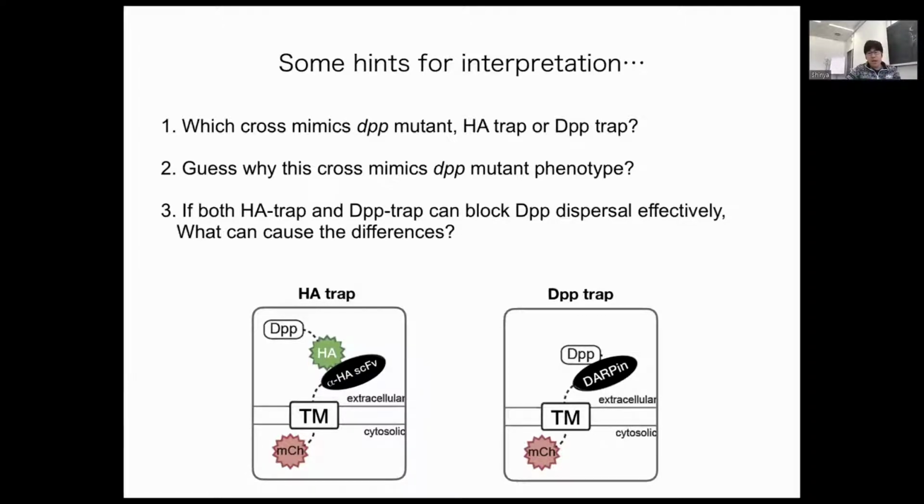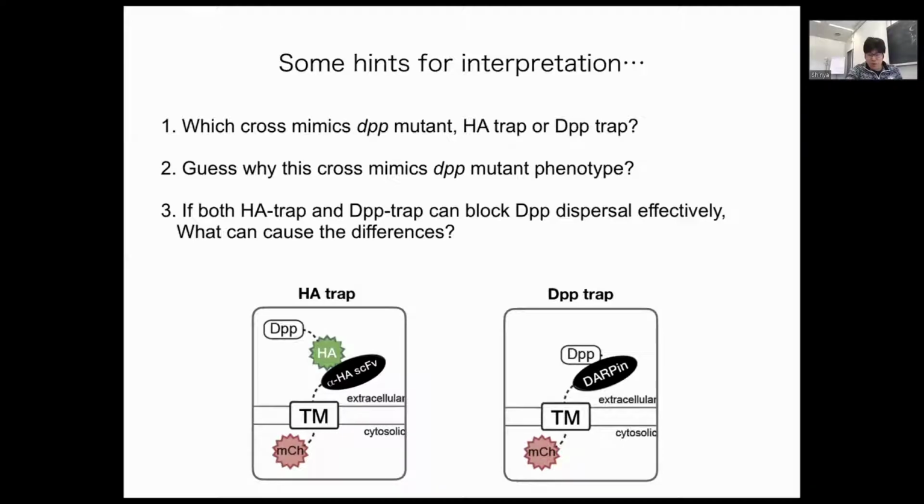And DPP trap is generated by DARPin against DPP. We screened DARPins against DPP, so this DARPin DPP trap is supposed to bind to DPP directly. So this may give you some hint.